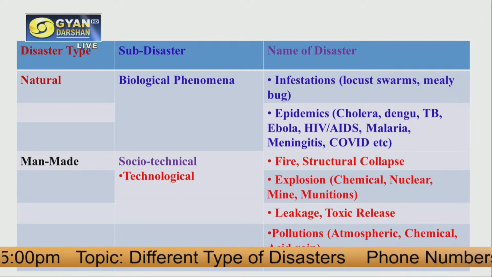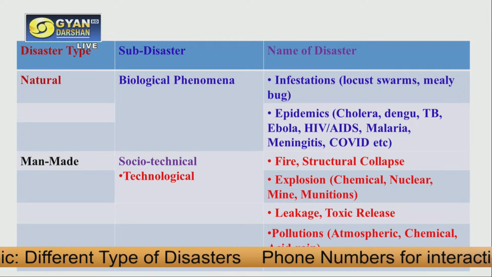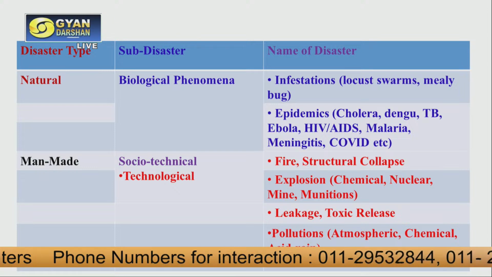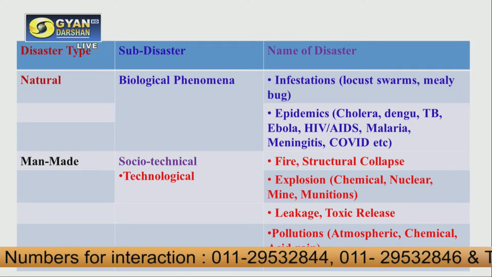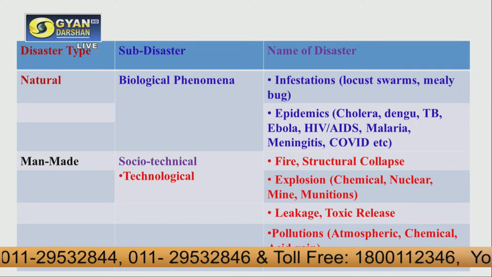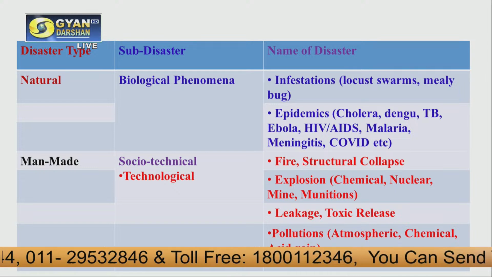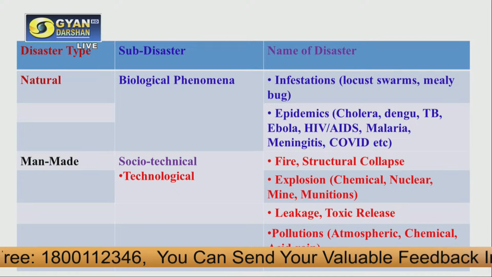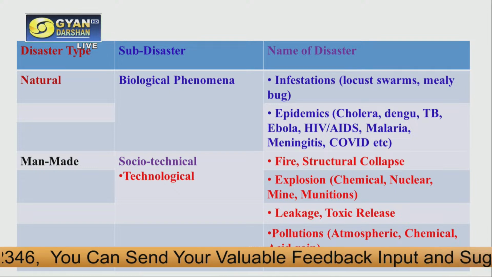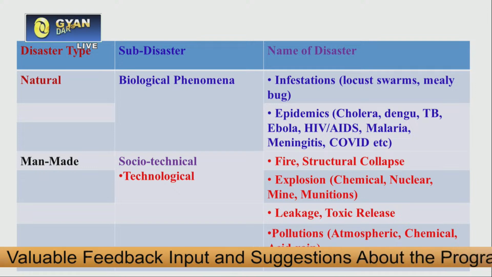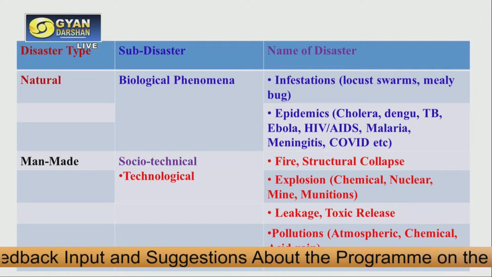Technological disasters means those which are caused because of the failure of some technology or ill effects of the technology. Like fire. Because we are using technology, we are using electricity, we are using different flammable materials for industrial purposes and different other purposes.